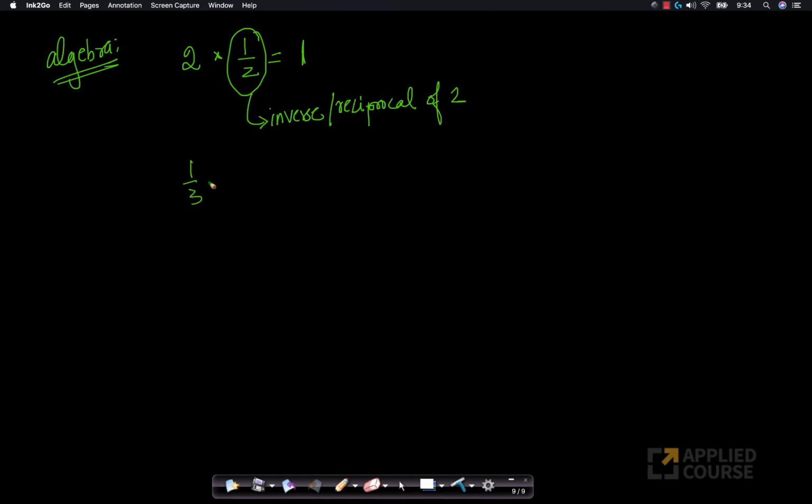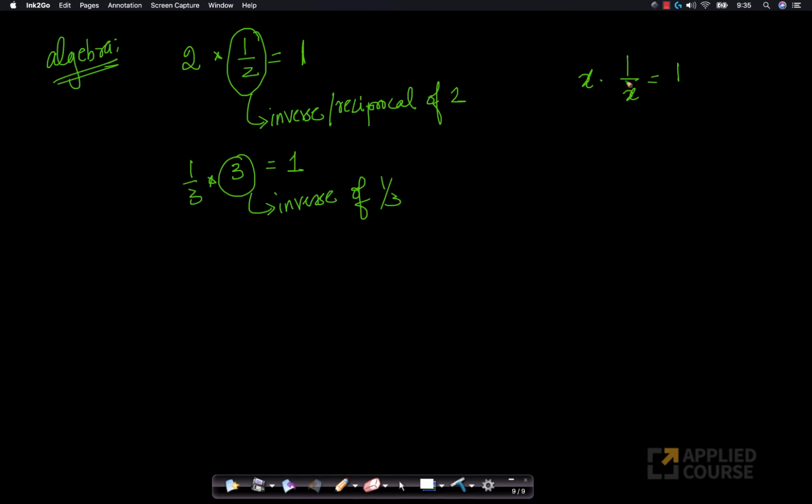Similarly, if I have a number 1 by 3, what number do I have to multiply it with to obtain 1? I have to multiply with 3. So 3 is called the inverse of 1 by 3. If you invert 1 by 3, you get 3. So in simple algebra, if you have any number x and multiply it with 1 by x, you get 1.